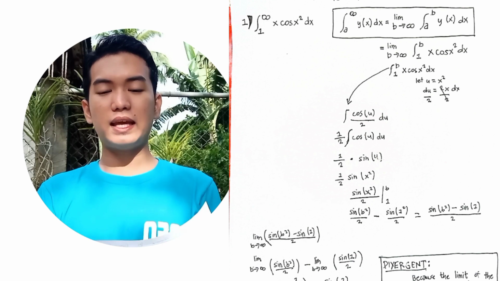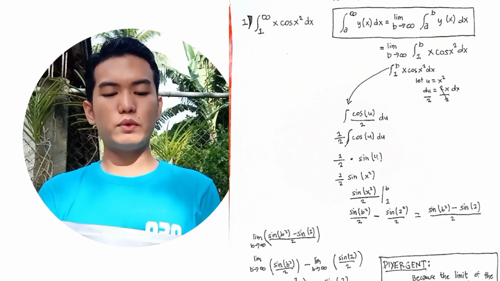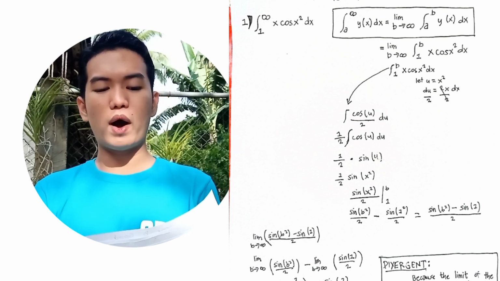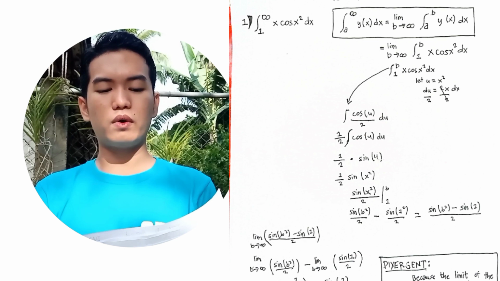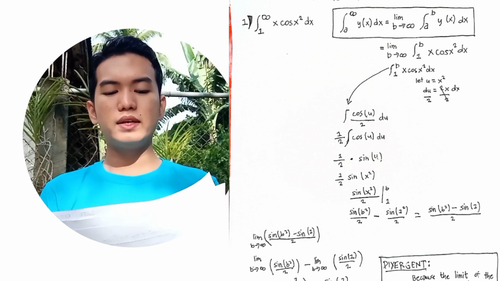Let's plug in the substitution. We have the integral of cosine u over 2 du. Let the 1/2 out of the integral, so we have 1/2 integral of cosine u du.